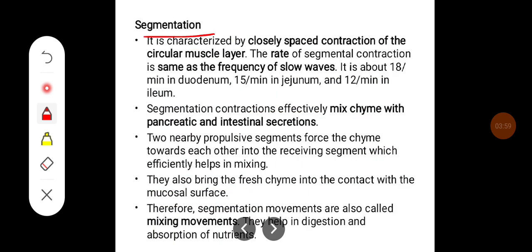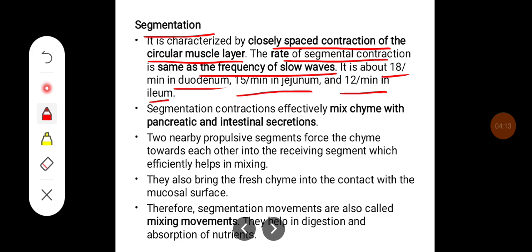Segmentation. It is characterized by closely spaced contraction of the circular muscle layer. The rate of segmental contraction is same as that of frequency of slow waves. It is about 18 per minute in duodenum, 15 per minute in jejunum, 12 per minute in ileum. Segmentation contraction effectively mixes chyme with pancreatic and intestinal secretions.